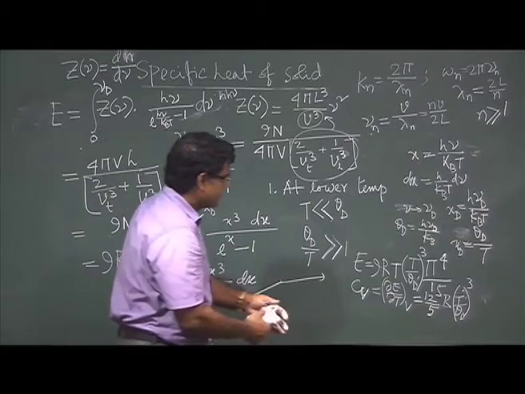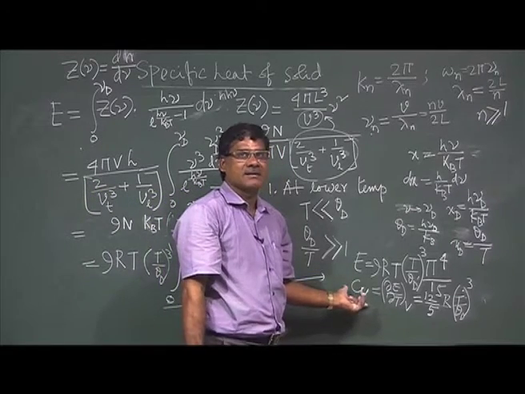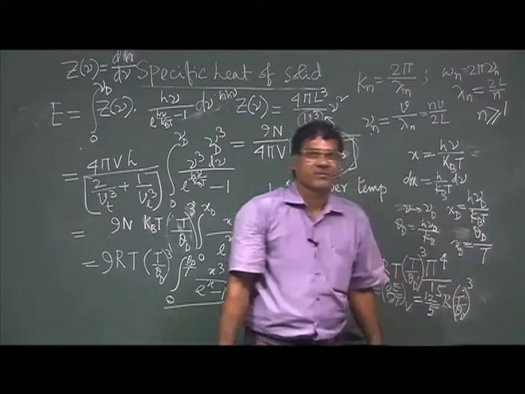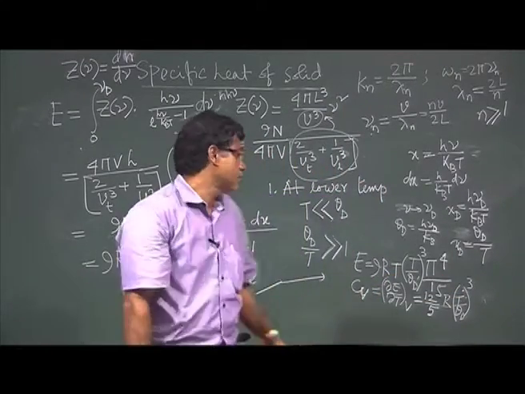So, here you can clearly see C V is proportional to T cube.